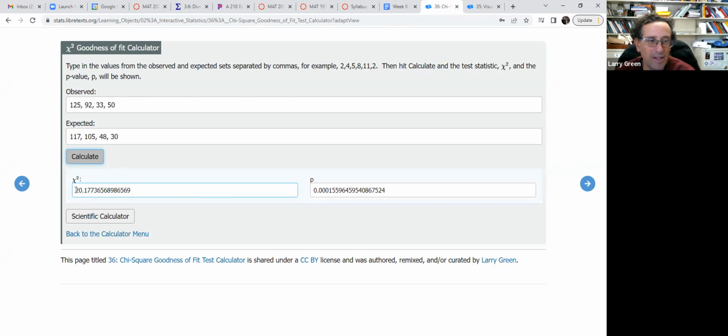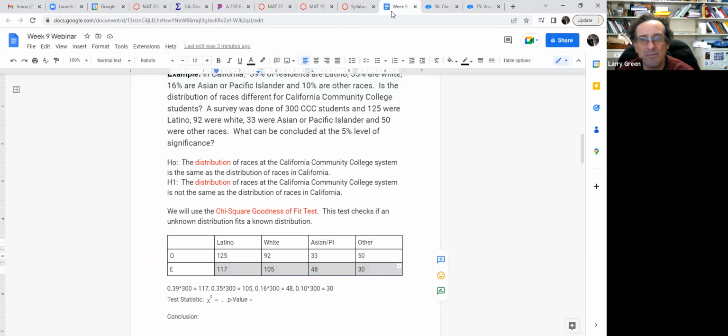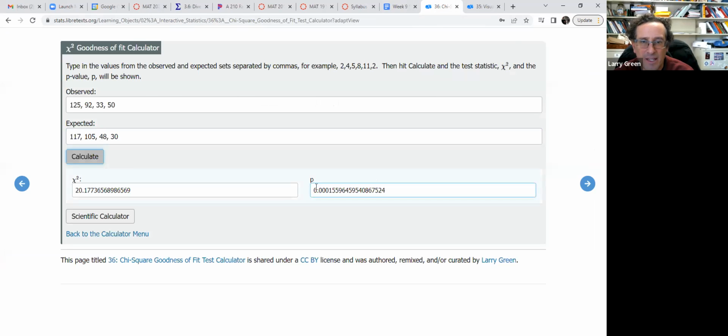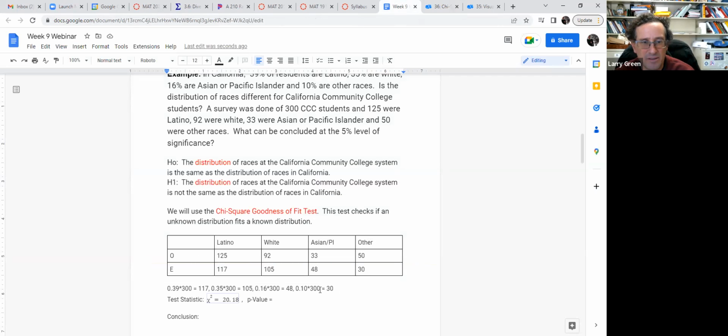Okay, so chi-squared is 20.18 or so. So I'm going to write that in. And the p-value is 0.00016 or so. Any questions on getting the test statistic and the p-value?